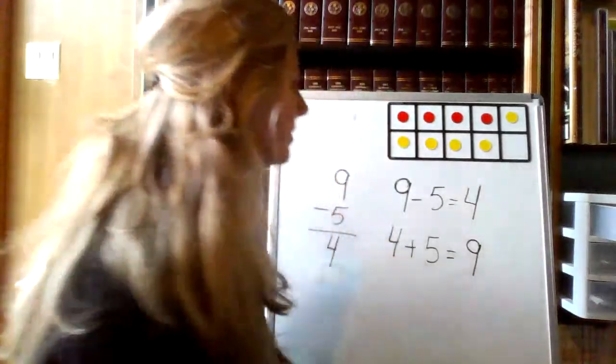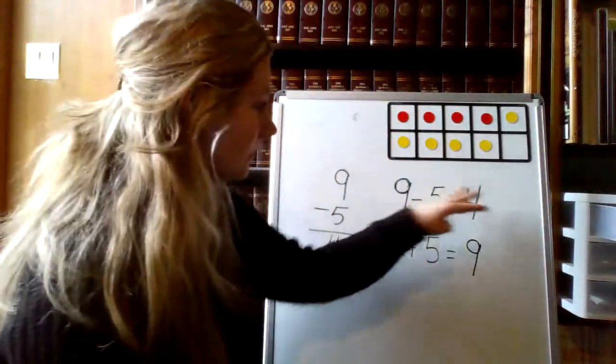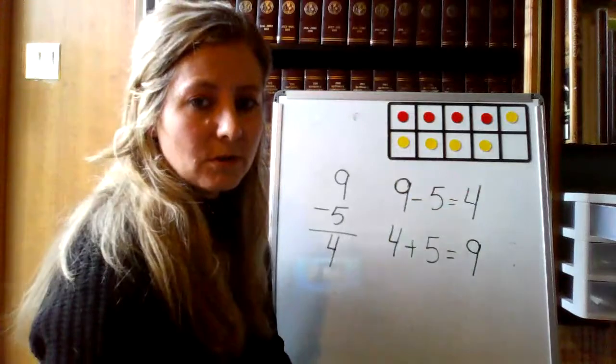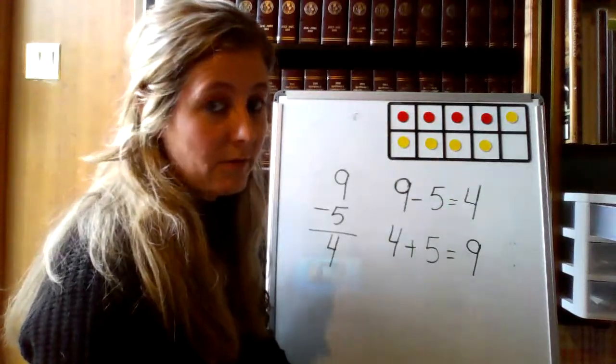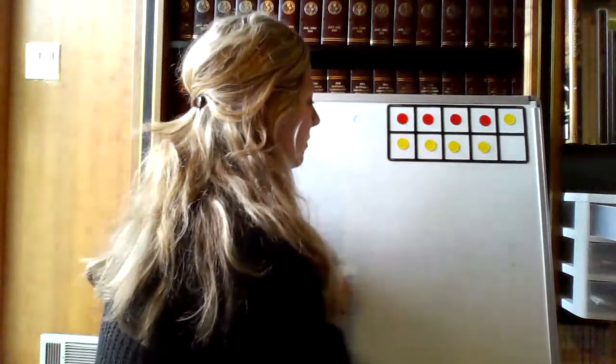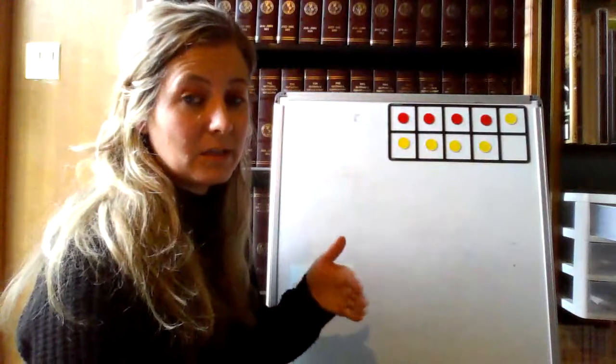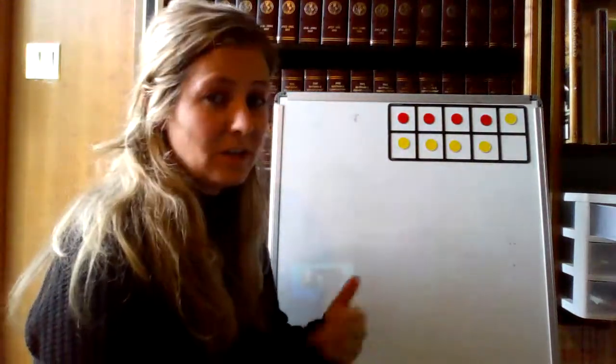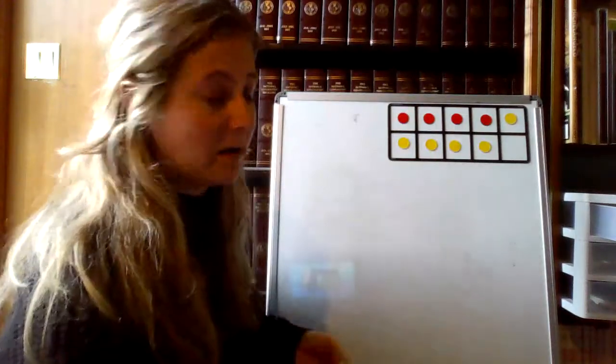And we also talked a little bit about how these numbers, 4, 5, and 9, are part of a fact family. So fact family is kind of a new vocabulary word here in kindergarten, and you will be learning about fact families from now on in math. Even when I taught 6th graders, they were still talking about fact families.